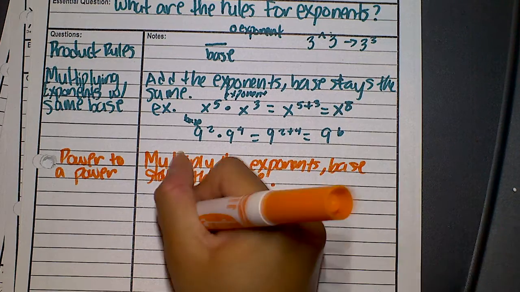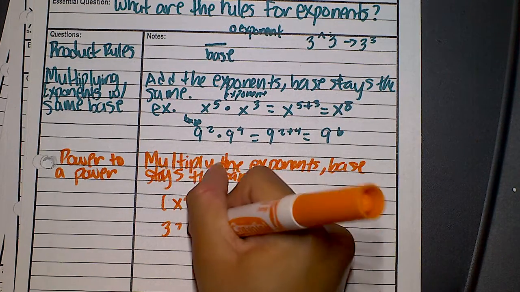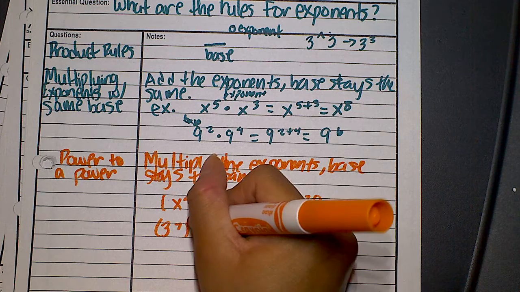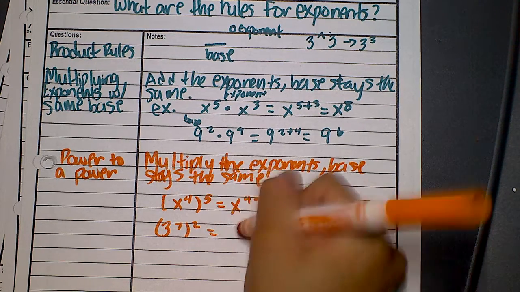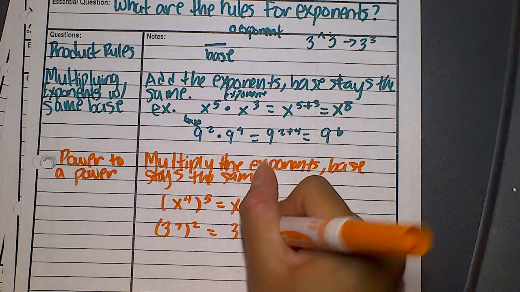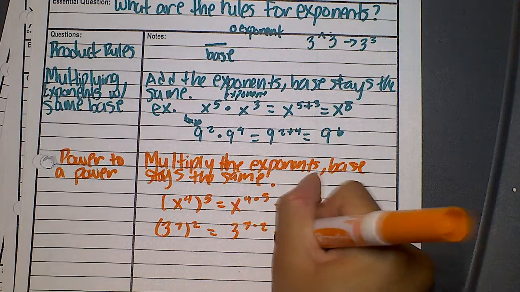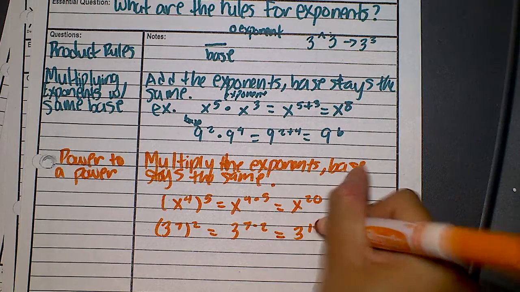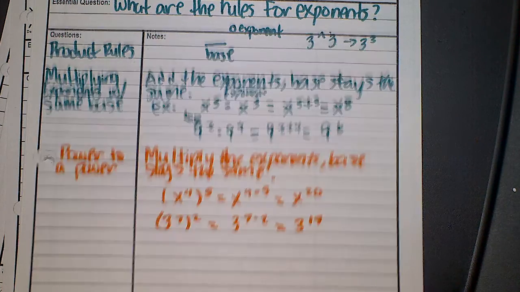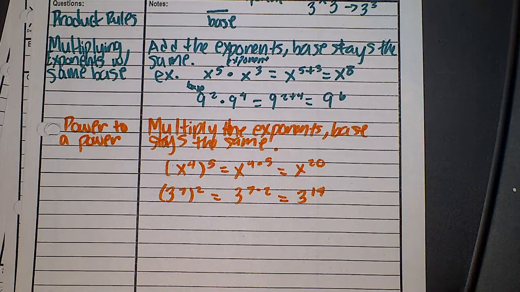And for another example, we'd have 3 to the 7th to the power of 2nd. So then it's equal to 3 to the 7 times 2, and then that's 3 to the 14th power. Also pretty simple.